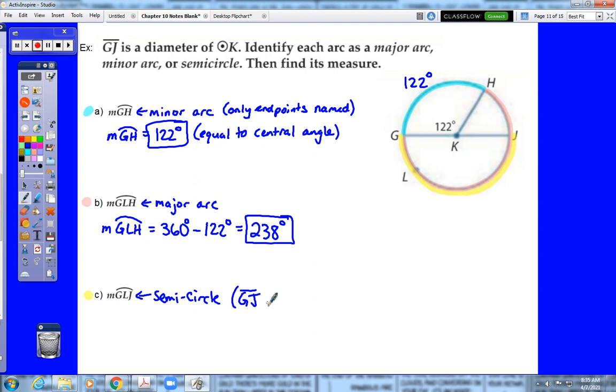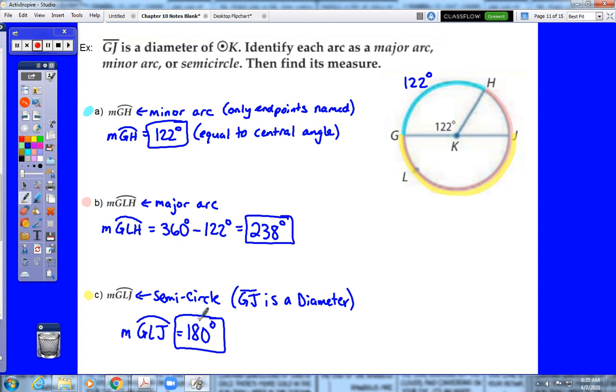Okay, since GJ is a diameter, that tells us that GLJ is a semicircle, which means its measure is 180 degrees, because all semicircles are equal to 180 degrees.